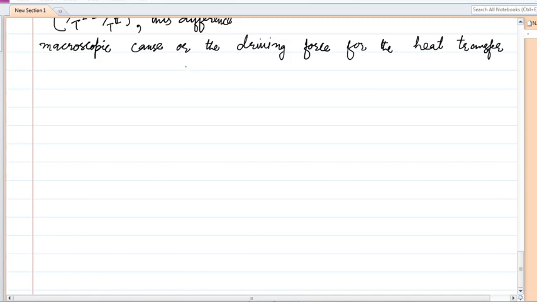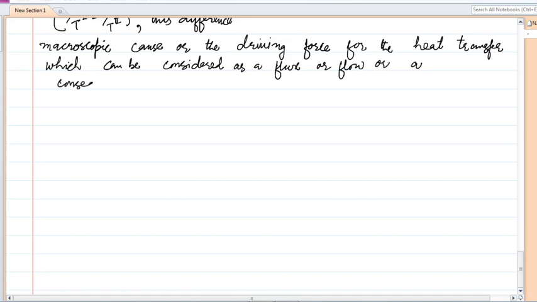So the heat transfer can be considered simply as a flux, or flow, or a consequence of the driving force. Okay, thank you.